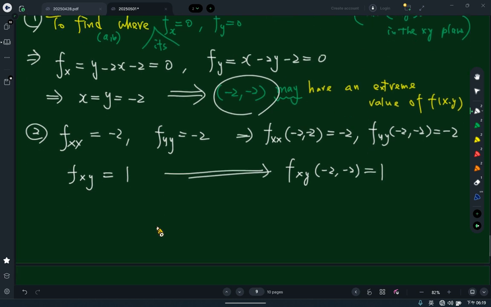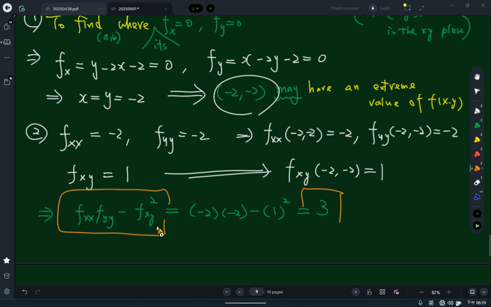So with these factors, we can continue to get this discriminant is equal to -2 times -2 minus 1 squared. So the answer is 3. You can notice that this discriminant value is 3, positive.